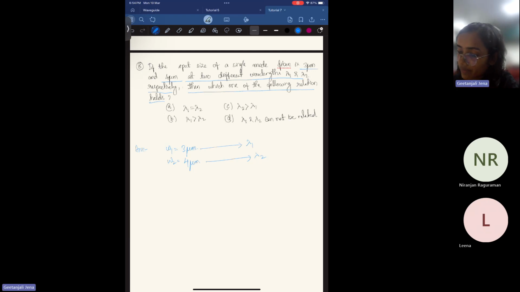In option A, we have lambda 1 equal to lambda 2. Or lambda 2 is greater than lambda 1. Or lambda 1 is greater than lambda 2. Or the last option is that we cannot relate lambda 1 and lambda 2 based on this information. So which option, A or B or C or D?